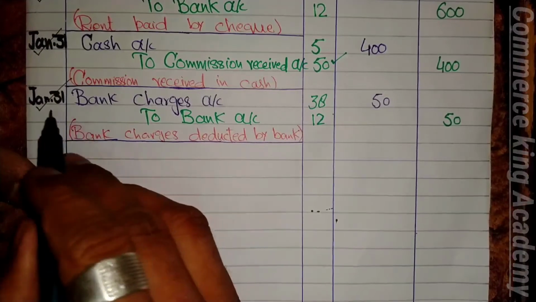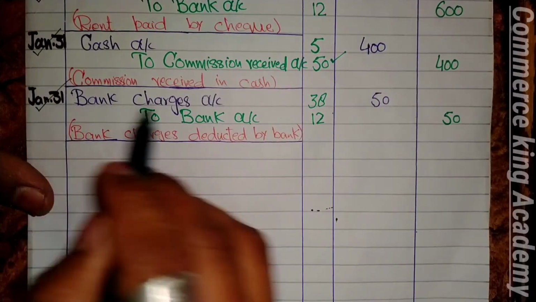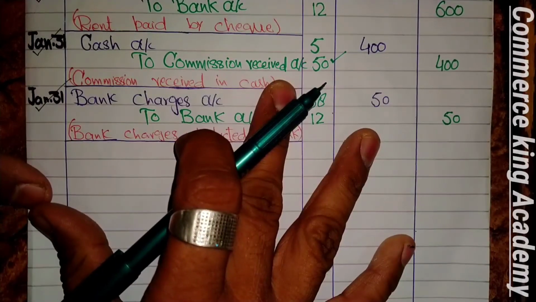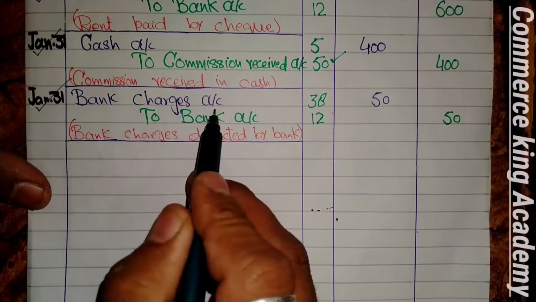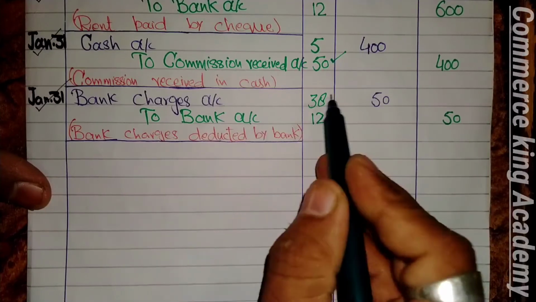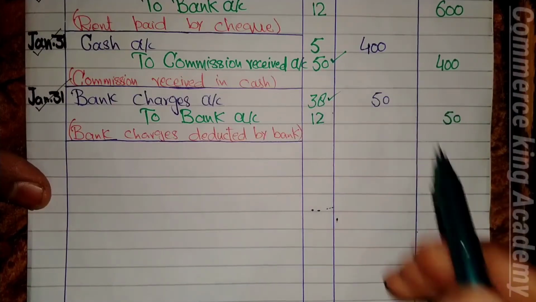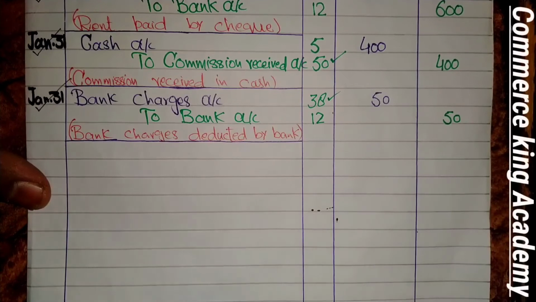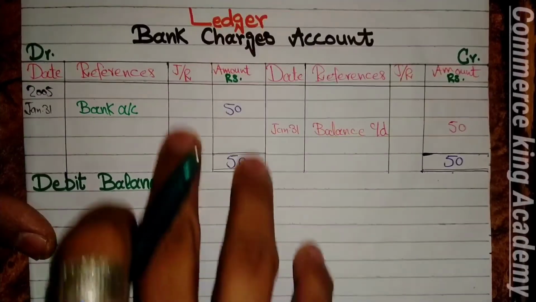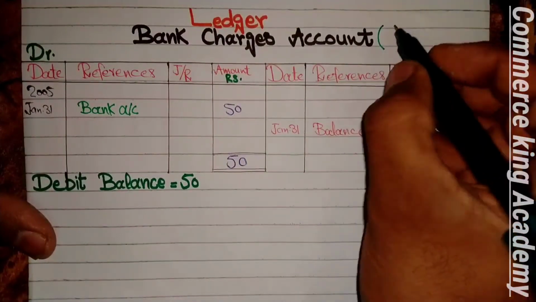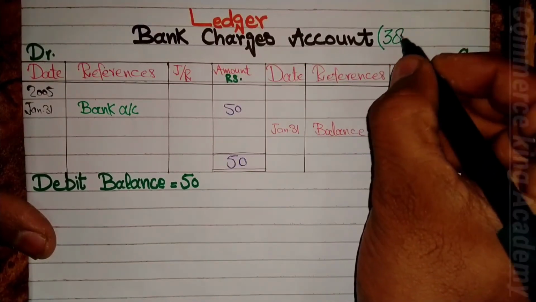Our next and last account for making its ledger is the bank charges account. On Jan 31st, bank charges account is debited by bank account with ledger folio number 38 with an amount of just 50 rupees. The description is bank charges deducted by bank. This is the ledger of the bank charges account with its account number 38.